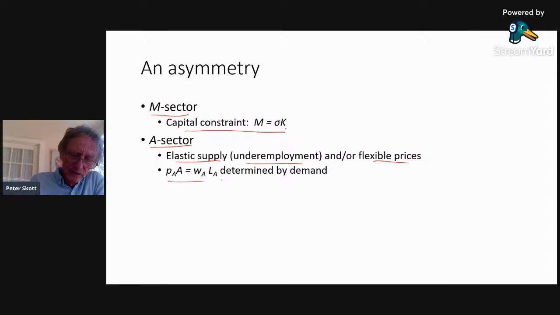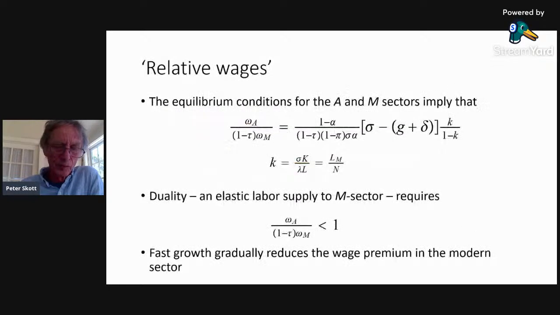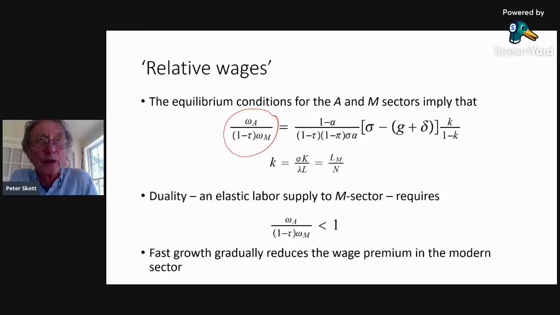Either way, the average income in the informal sector is determined by demand. I can use the two equilibrium conditions for the A and M sectors to now derive an expression for relative wages.